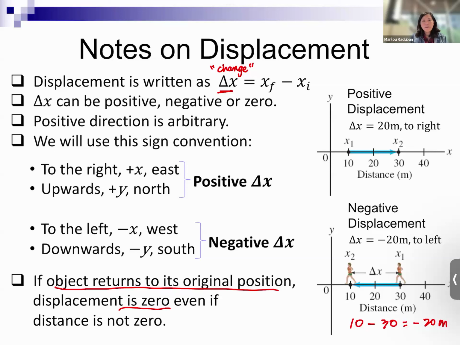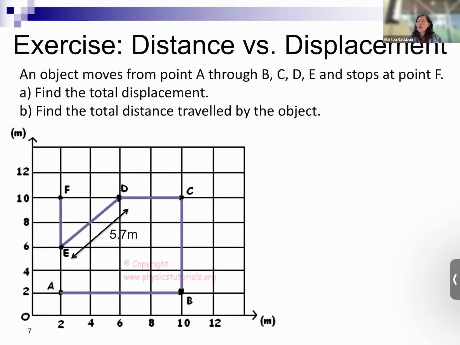Okay, any questions about distance versus displacement? Right. So feel free to pop any questions in the chat box or just unmute yourselves and ask as we go along the lecture. But if there are no questions, then try this exercise.